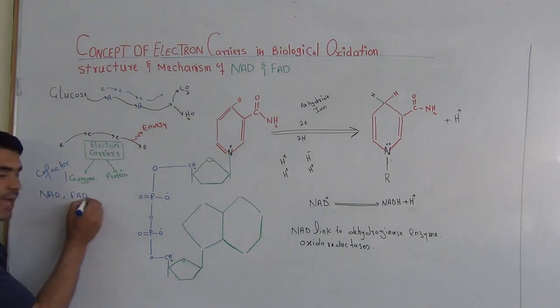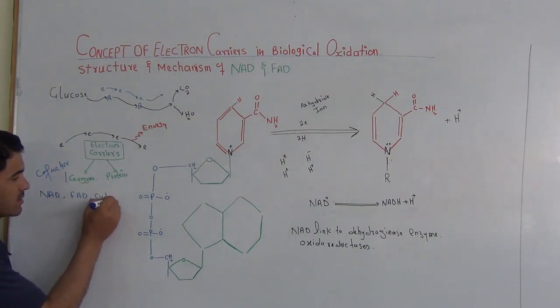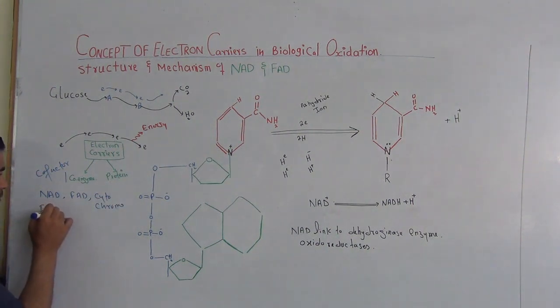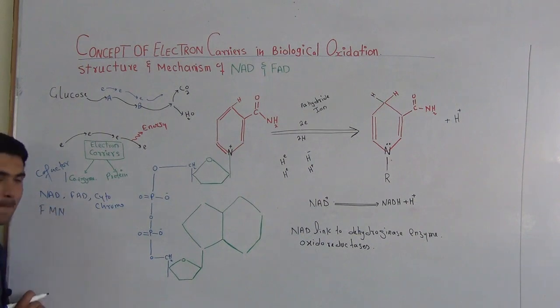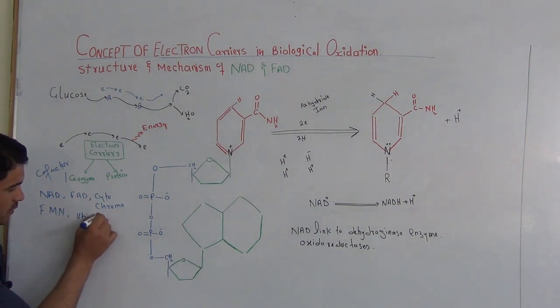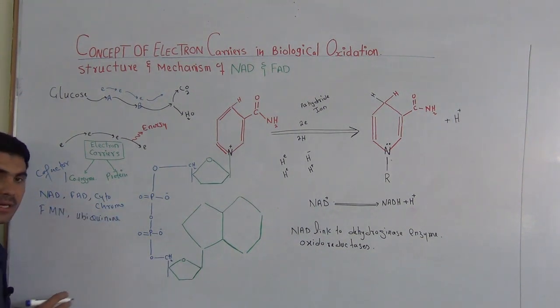So NAD, FAD, cytochrome, yes, these are a few names, FMN, and ubiquinone, right? Cytochrome.